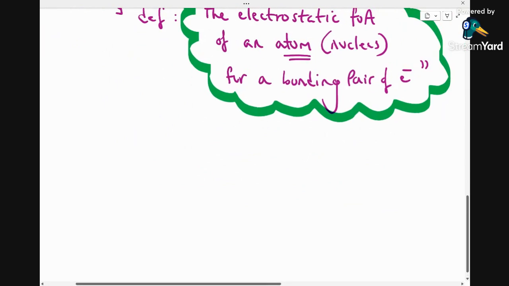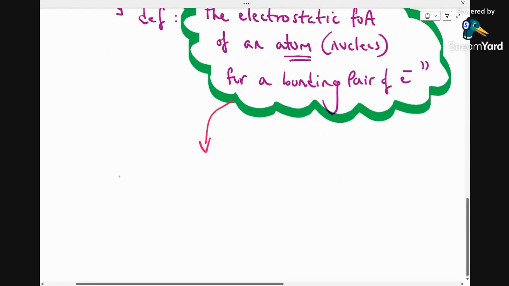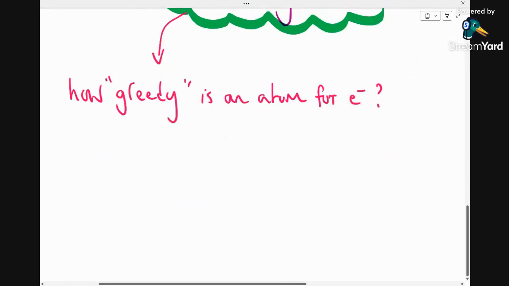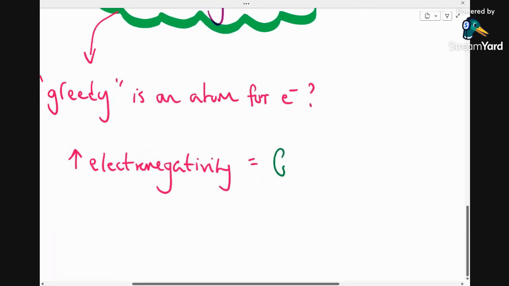In simple terms, this essentially means how greedy, in inverted commas, is an atom for electrons. If you have a high electronegativity value, then you hog electrons. You are very greedy. So I'll write greedy here.